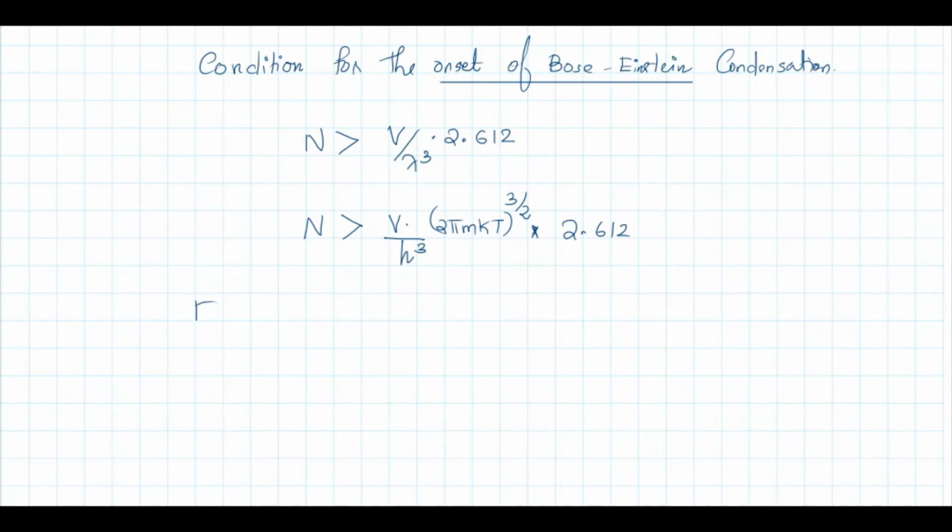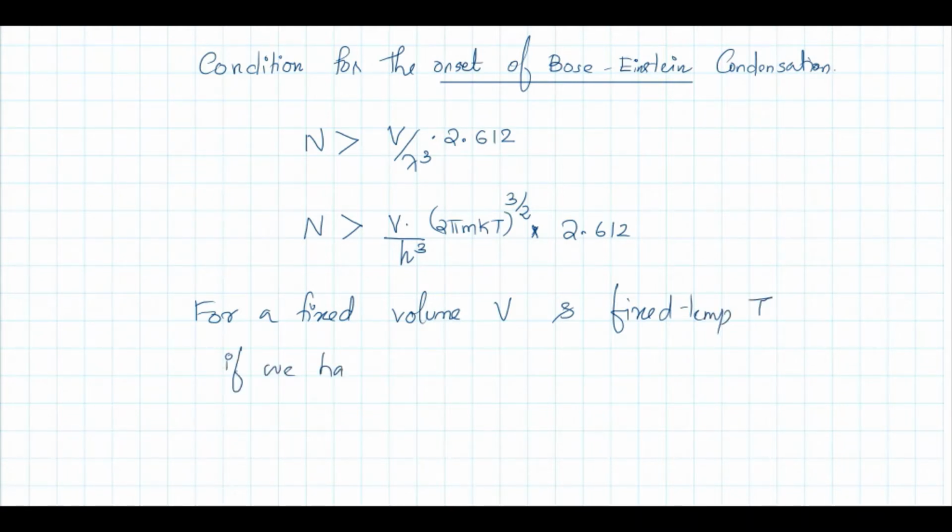That is, for a fixed volume V and fixed temperature T, if we have the number of particles N greater than this value, V by h cube, 2 pi m kT raised to 3 by 2, into 2.612, we will have Bose-Einstein condensation.